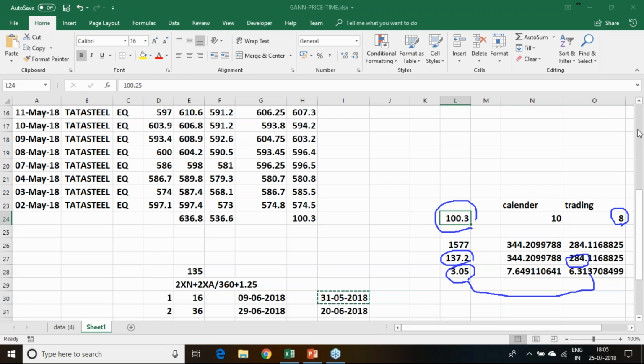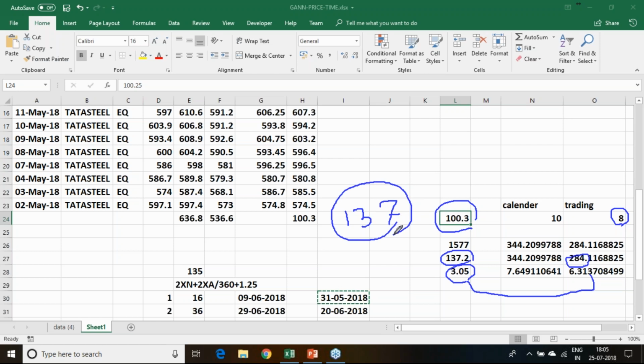So here the base is forming the 137 degrees. 137 degrees is the key factor of our calculation. So this 137 degrees is going to guide us for the future top or bottom prediction.